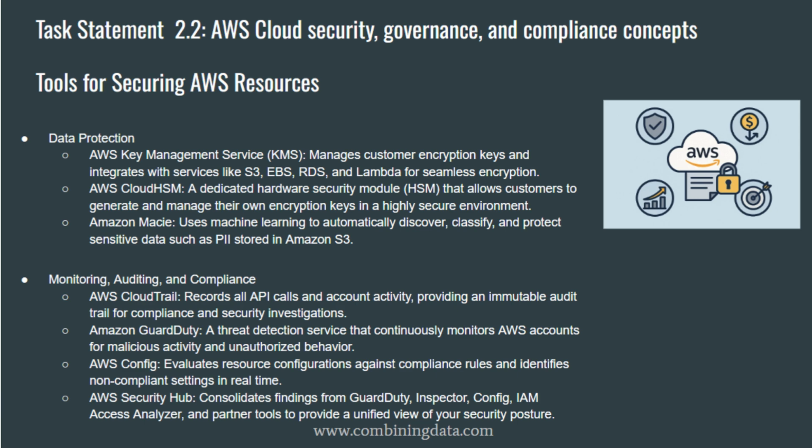KMS allows you to create and manage encryption keys and integrate seamlessly with many AWS services like Amazon S3, EBS, RDS, and Lambda. In practice, this means you can enable encryption with just a few clicks or API calls, while AWS handles the heavy lifting of key storage, rotation, and durability. For most workloads, KMS is the default and recommended approach.